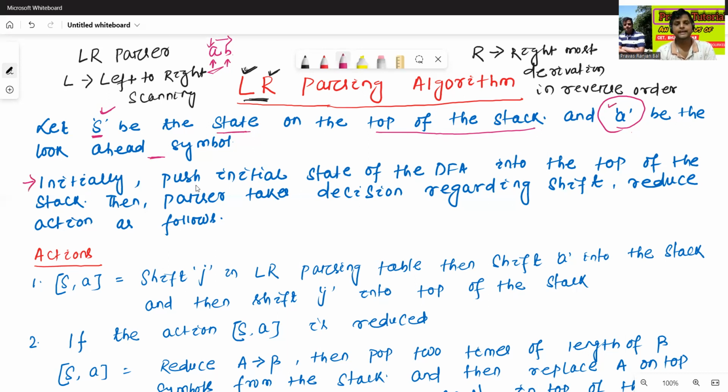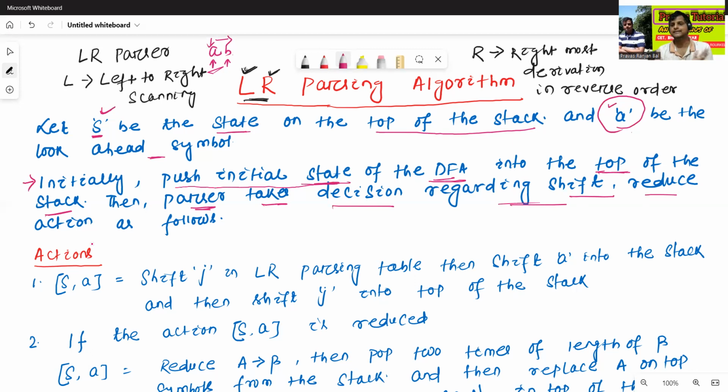First step means initially push the initial state of the DFA onto the top of the stack. Then the parser takes a decision regarding shift or reduce action.